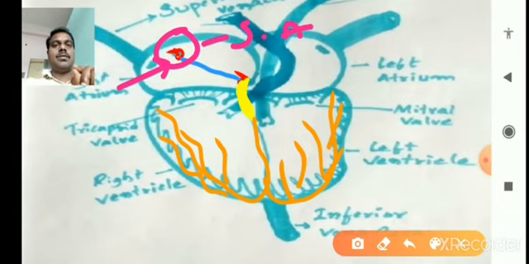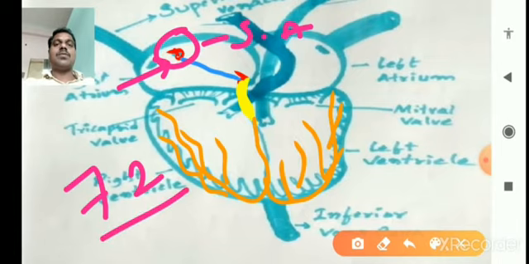Once the SA node is activated, it activates the heart, so our heart contracts and relaxes as a heartbeat 72 times per minute. Yes or no?